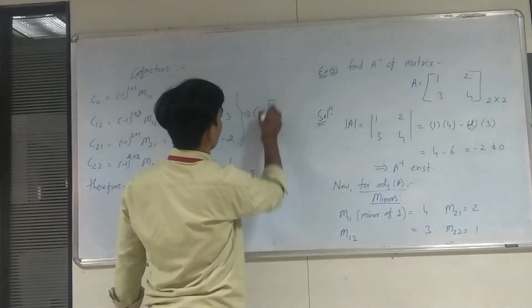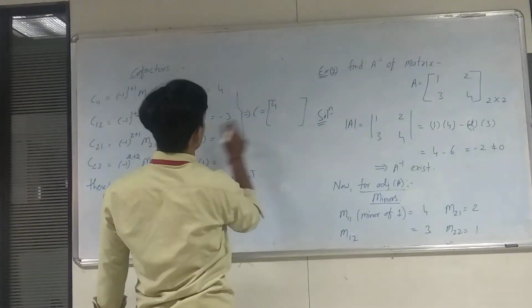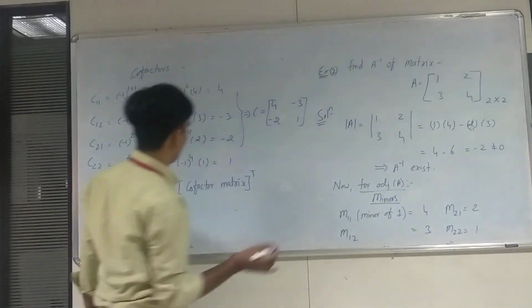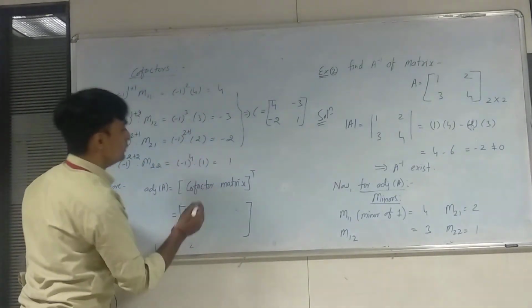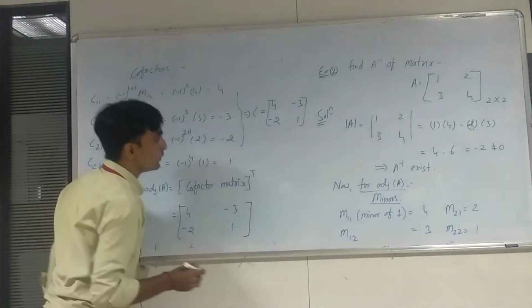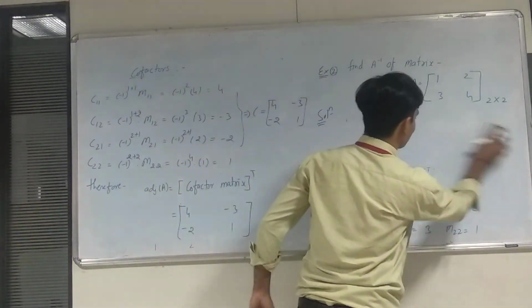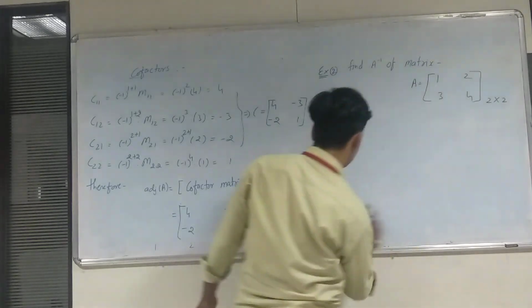Cofactor matrix C equal to C11 it is 4, C12 it is minus 3, minus 2 and 1. This is nothing but 4 minus 3 minus 2 1.